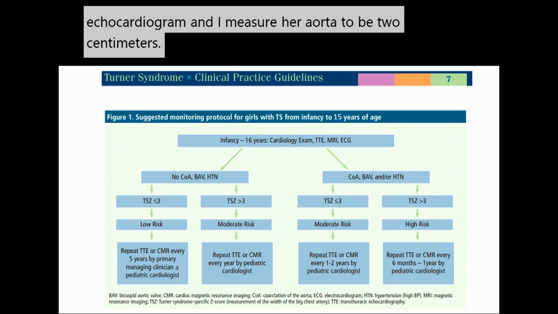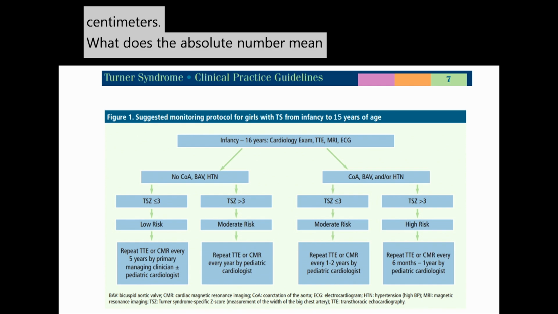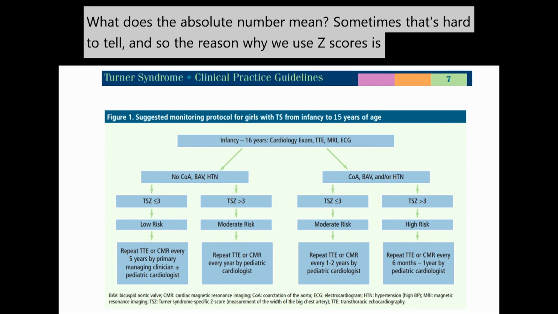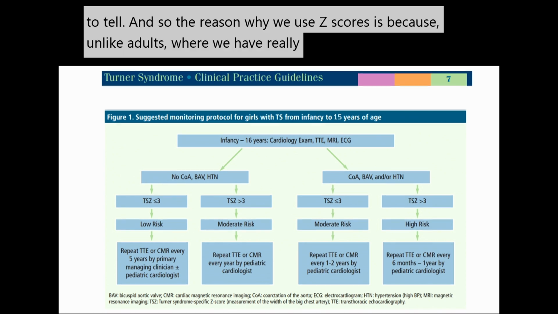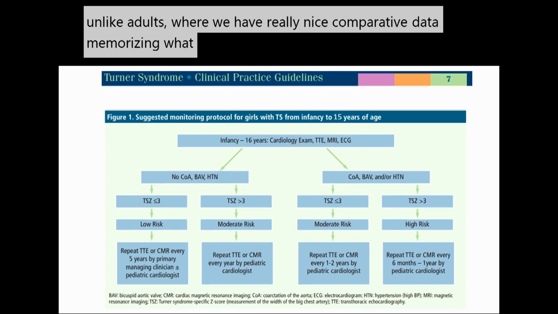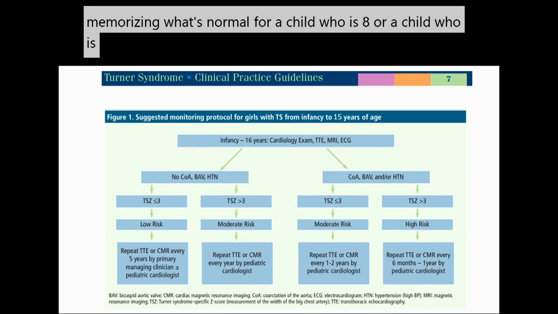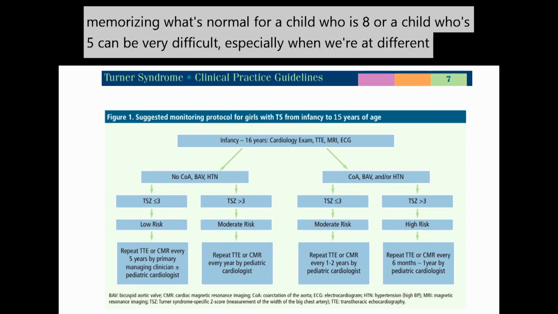What does that absolute number mean? Sometimes that's hard to tell. And so the reason why we use z-scores is because unlike adults, where we have really nice comparative data, memorizing what's normal for a child who is 8 or a child who's 5 can be very difficult, especially when we're at different developmental spectrums too.